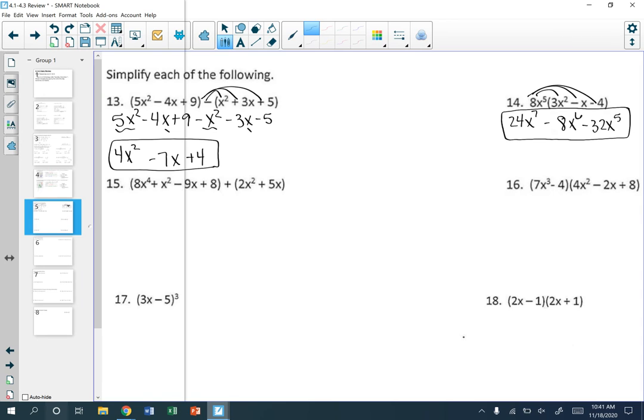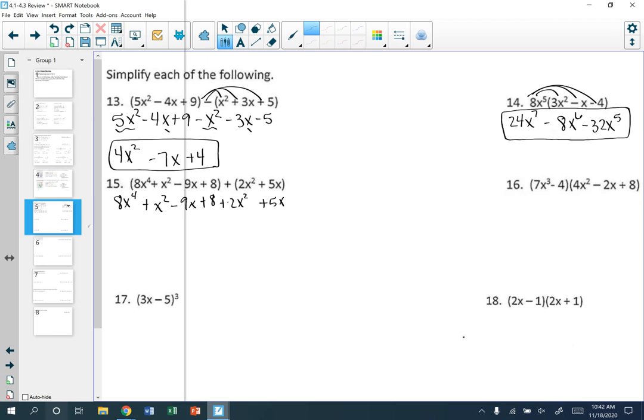Moving on, number 15, we see that's addition, so I'm just going to go ahead and rewrite this. 8x to the 4th plus x squared minus 9x plus 8 plus 2x squared plus 5x.